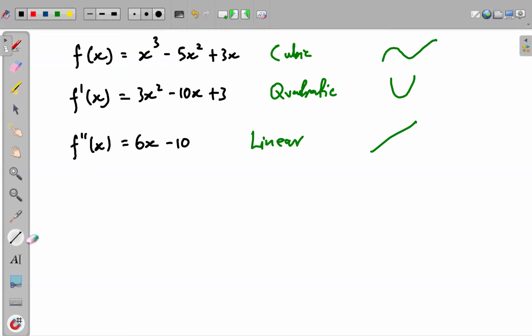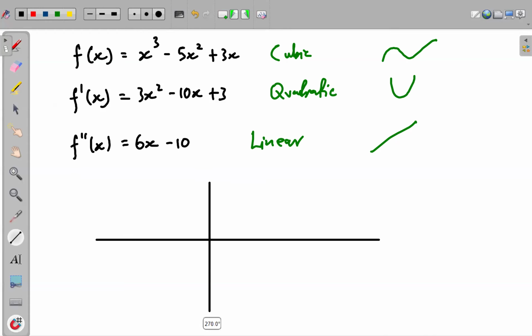Now, why does it matter? Well, you remember I spoke about your local minimum, local maximum type of stuff. We can actually use the second derivative to help us determine whether a local maximum or a local minimum exists at a certain point. So let's take this cubic function. I want to show you that. So obviously, here is some concavity and there is some concavity there.